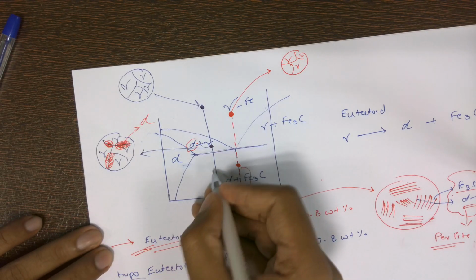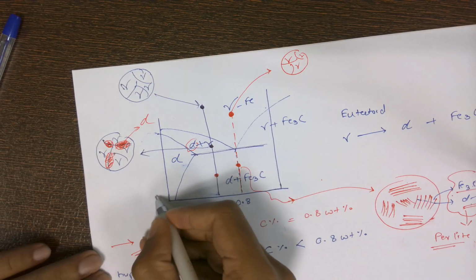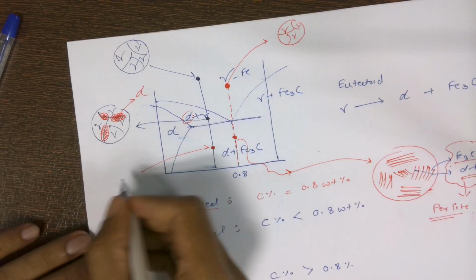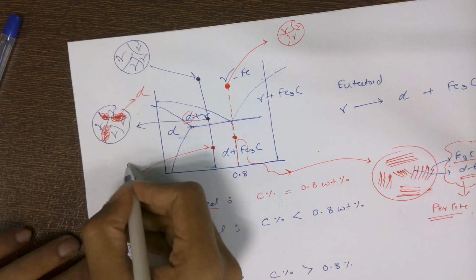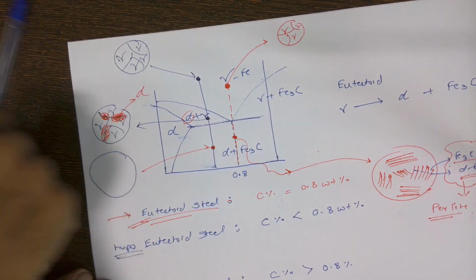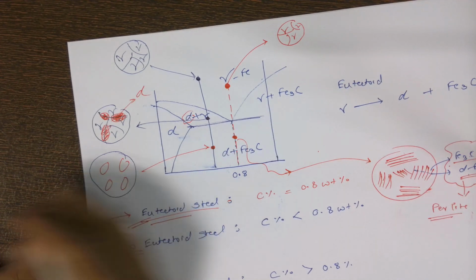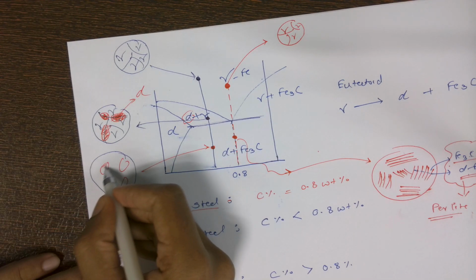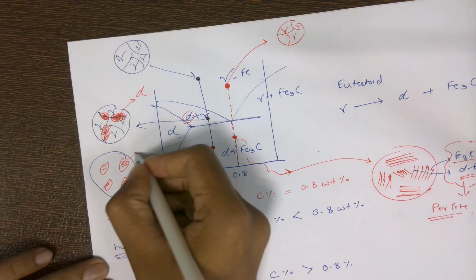Now when we came down, let's talk about how the microstructure will look. We remember that a couple of the ferrite also formed. How will the microstructure look now? Initially formed ferrite will be there. Okay, this is ferrite.